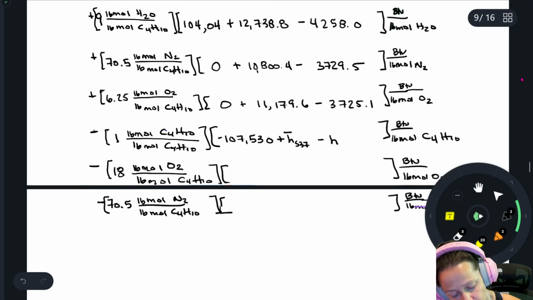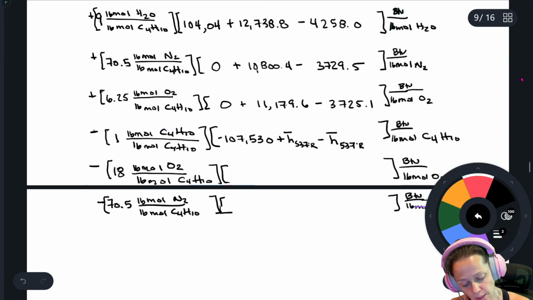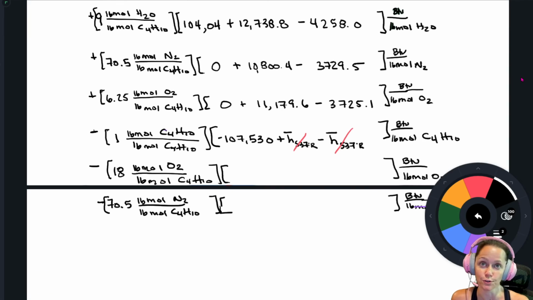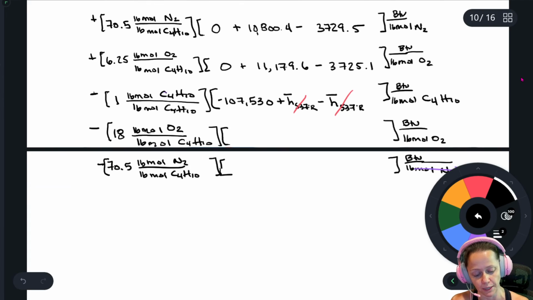And the enthalpy at standard reference state would be taken at 537 degrees Rankine as well. So those two things are just going to cancel out. For this class, your fuel is always going to be coming in at room temperature, so those terms will cancel out. Just make sure you understand why.